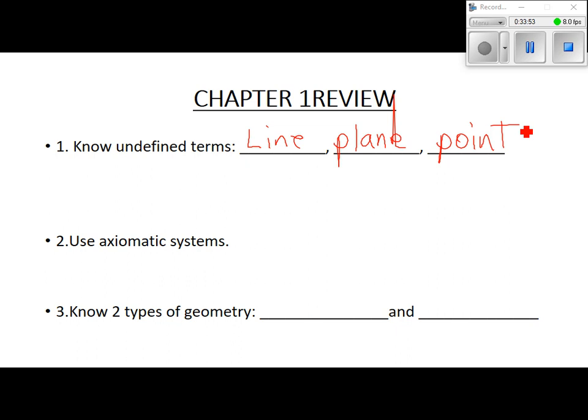Points, lines, planes. How come those three terms are undefined? If I tell you to draw a line, can you do it? If I tell you to draw a plane, can you do it? If I tell you to draw a point, can you do it? Now, if I tell you to draw a segment, can you do that? Yeah, a segment starts somewhere, ends somewhere. So we can actually show that.